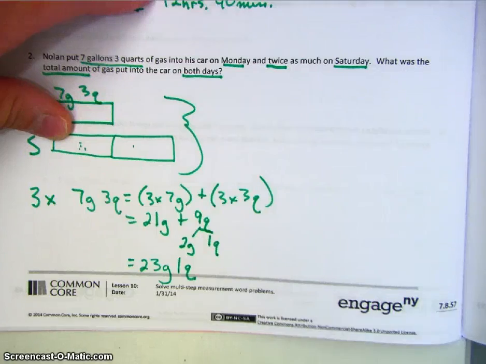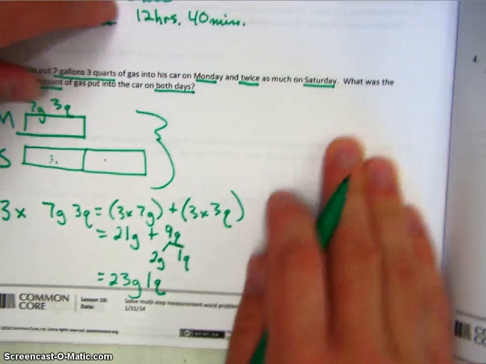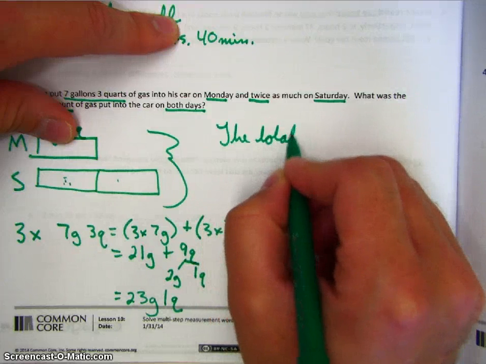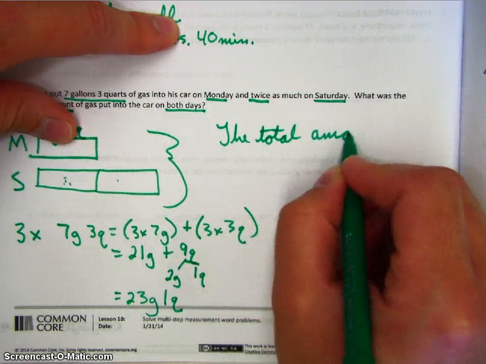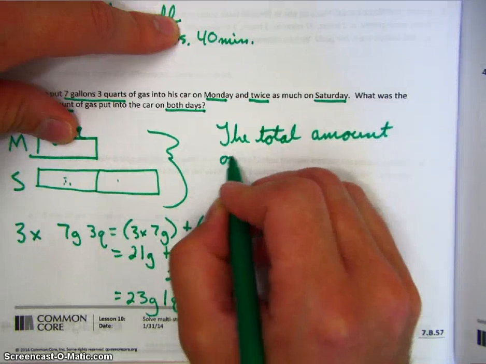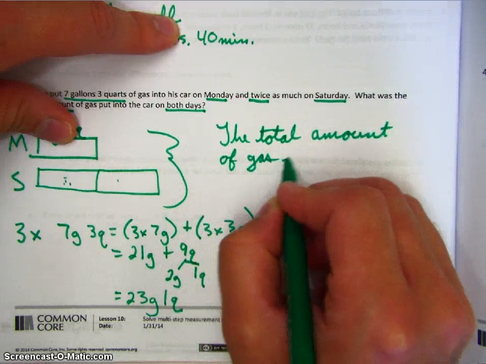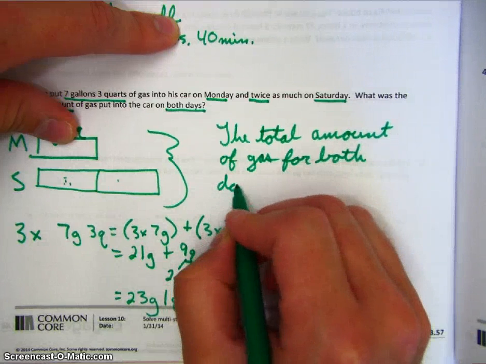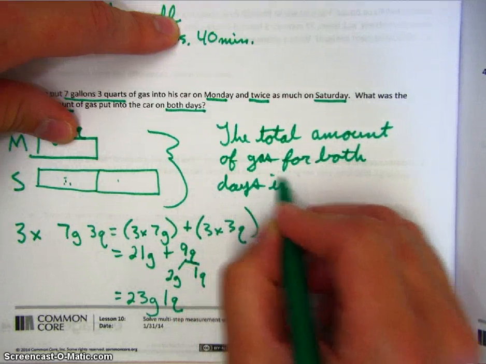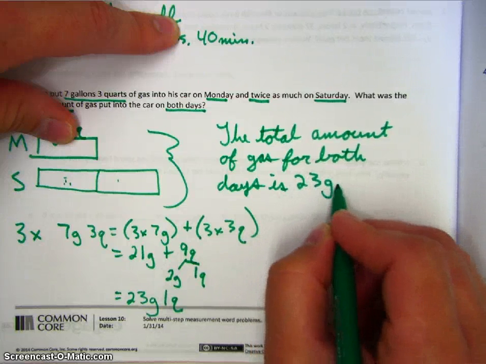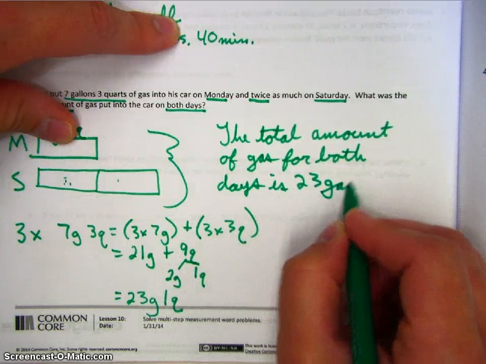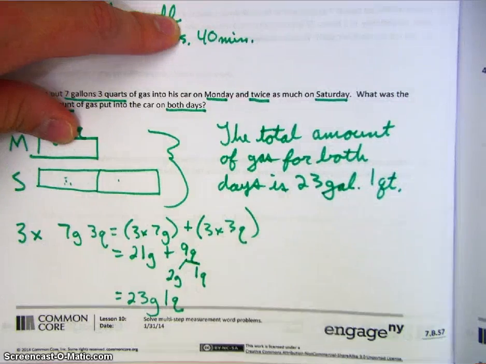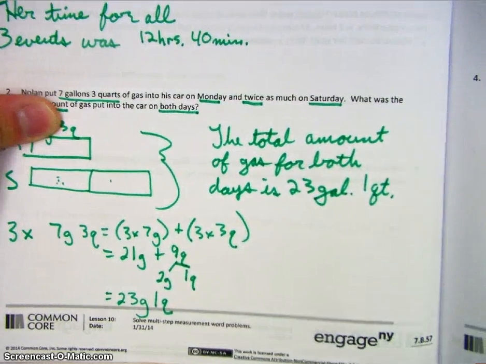Pretty quick and easy if we use the multiplication. So the total amount of gas for both days is 23 gallons, 1 quart. All right, moving on to number 3.